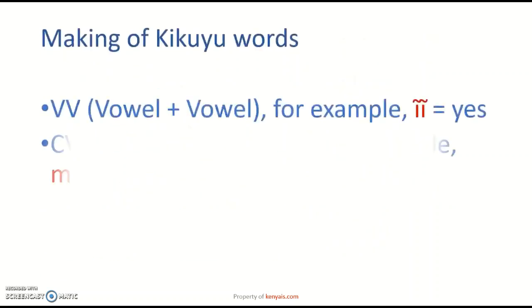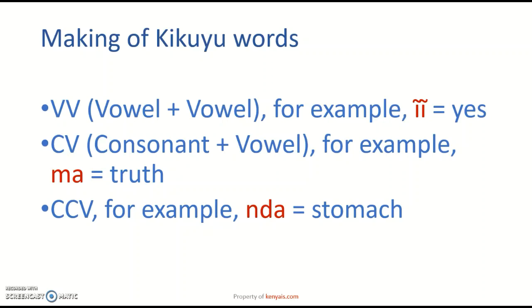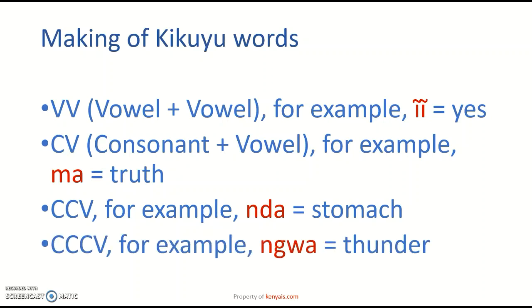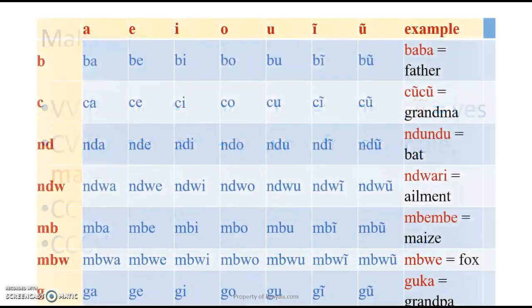So we say that to make Kikuyu words, you can have VV, CV, CCV, and CCCV combinations, and even VCV. You can even start with a vowel when making a Kikuyu word.